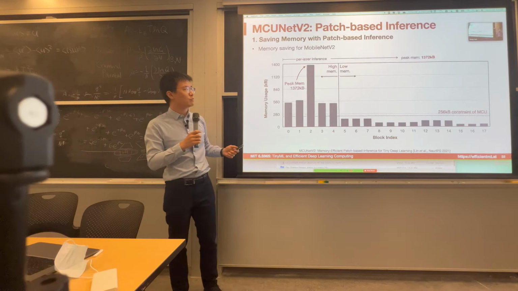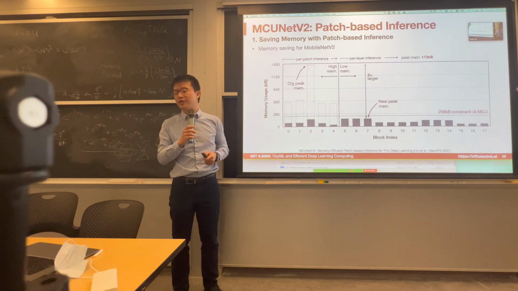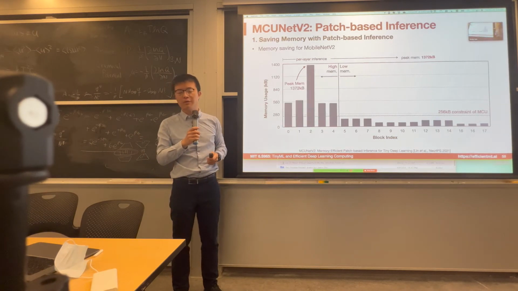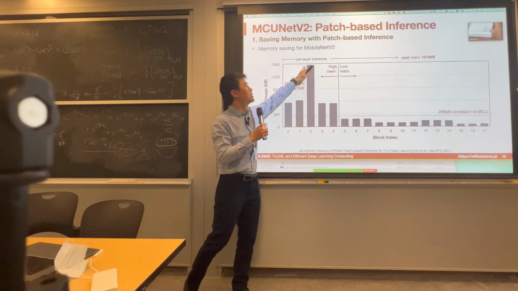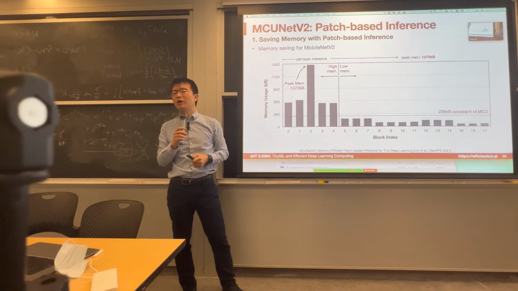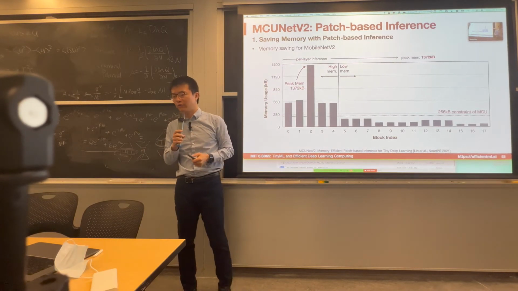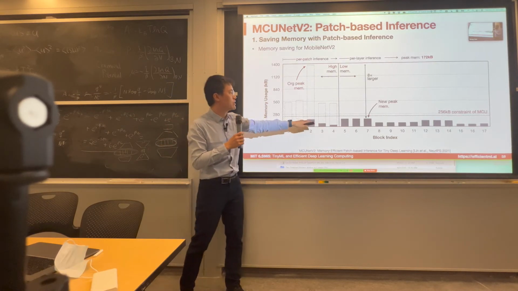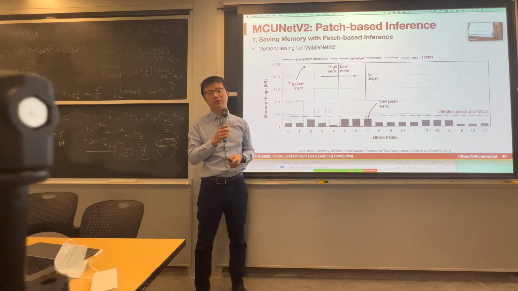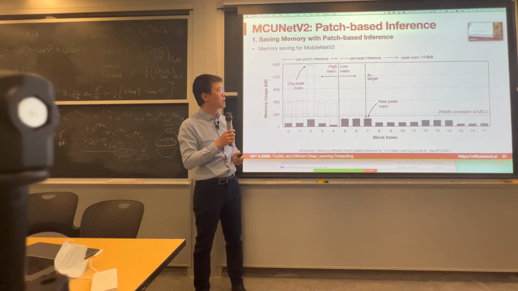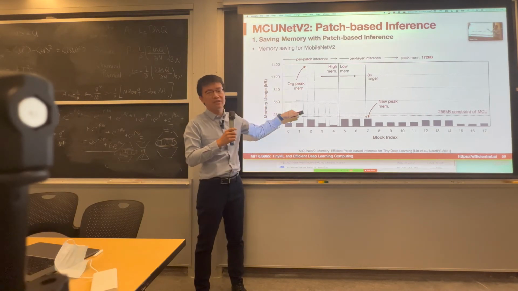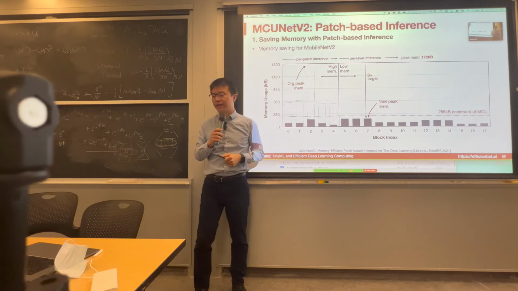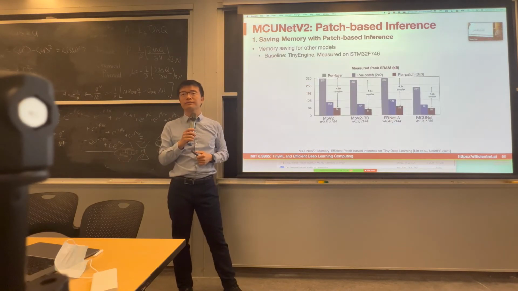So this is before and this is after patch-based inference. Before patch-based inference, the peak memory could be as big as 1,400 kilobytes, and after, it's something below 280. So we successfully alleviated this peak memory issue.